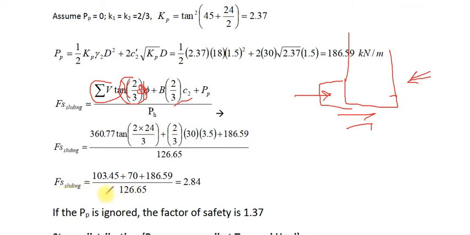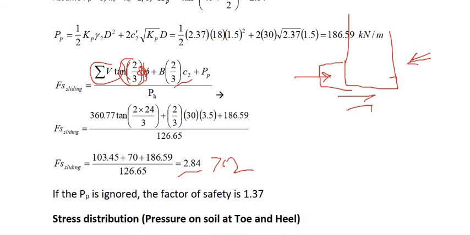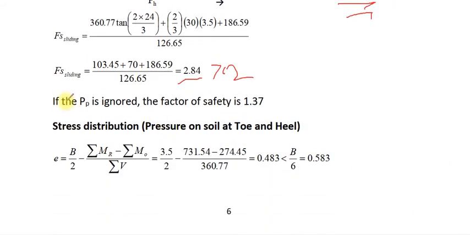Factor of safety against sliding equal to 2.84, also greater than 2. It may be accepted. If the PP, passive pressure, is ignored, the factor of safety will be reduced to 1.37.